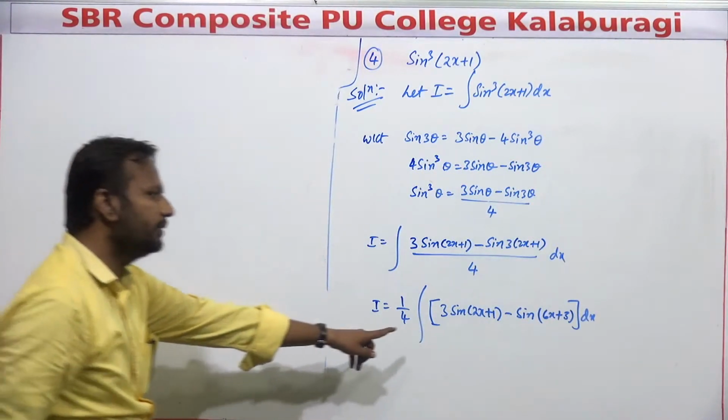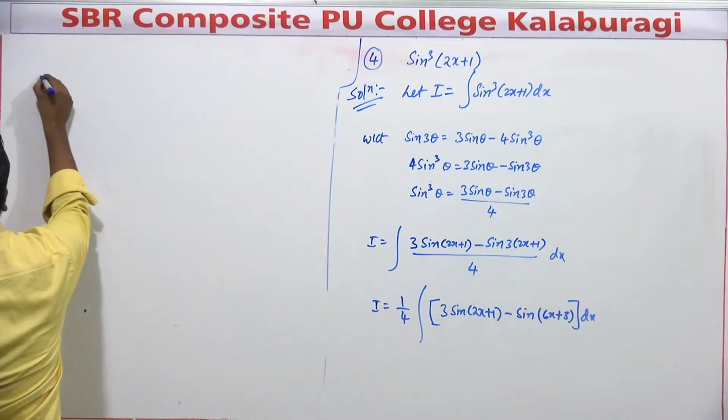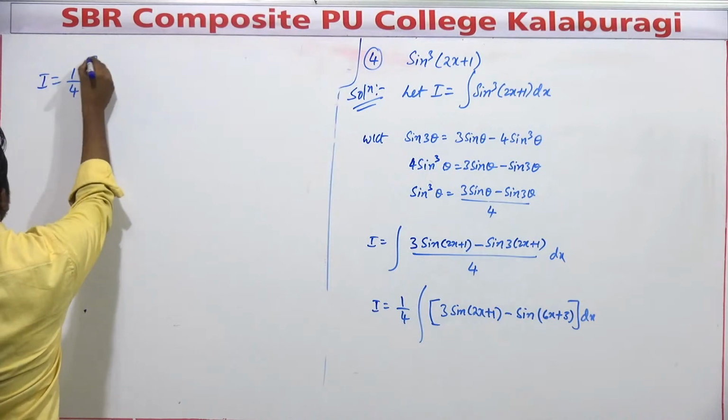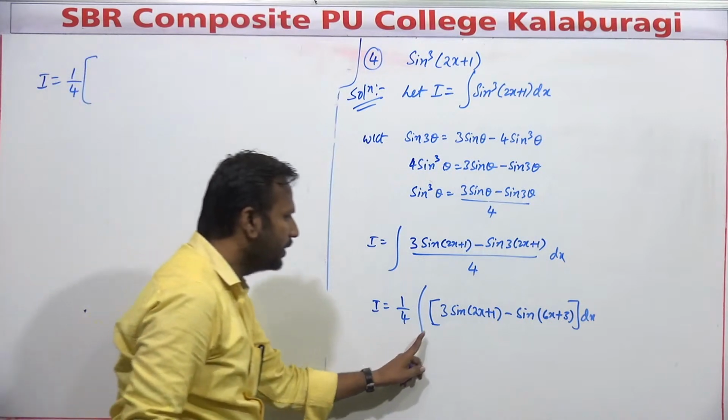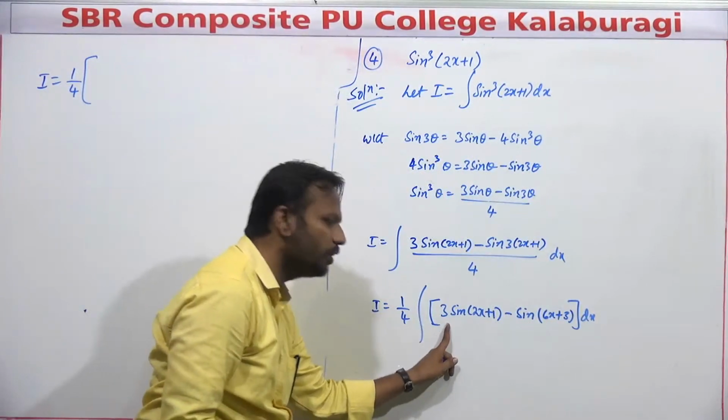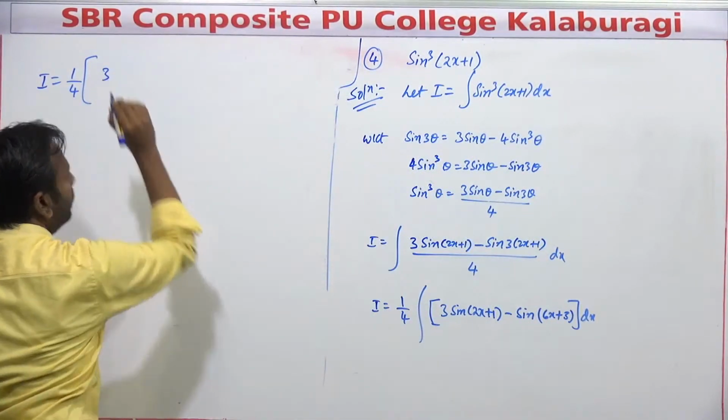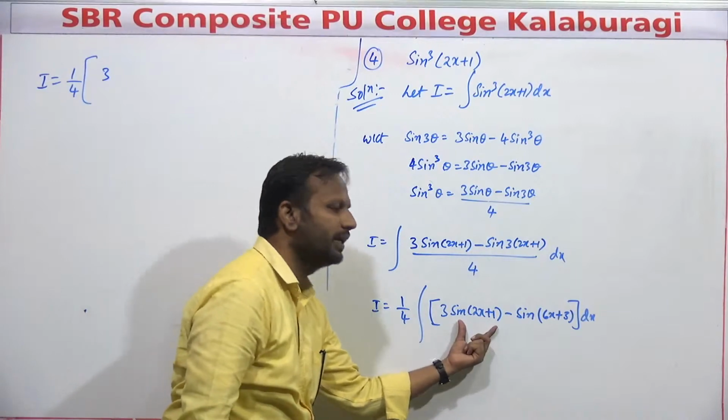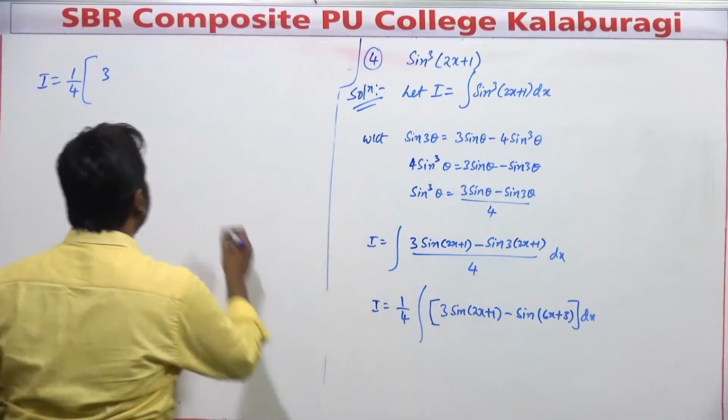I equals 1 by 4, put the bigger bracket here. Now the integration of 3 sine of this. 3 is constant, keep it as it is. What is the integration of sine x? The integration of sine x is minus cos x.